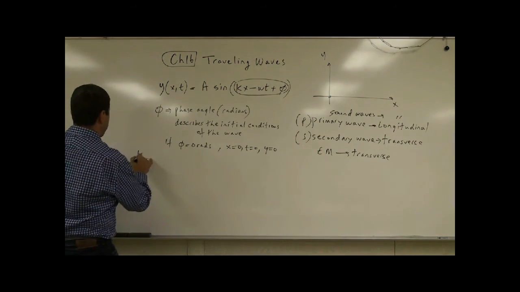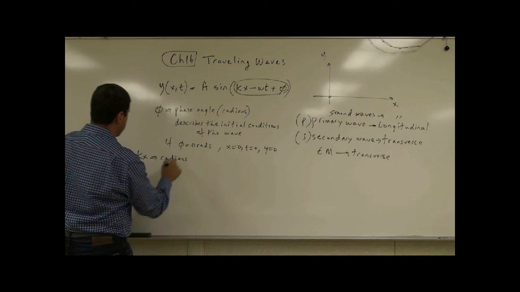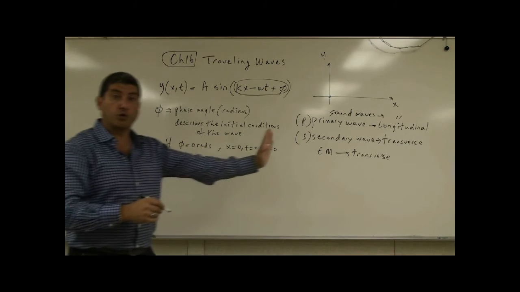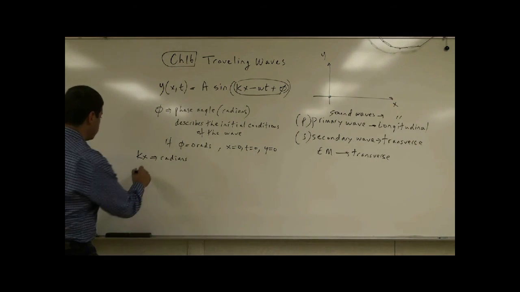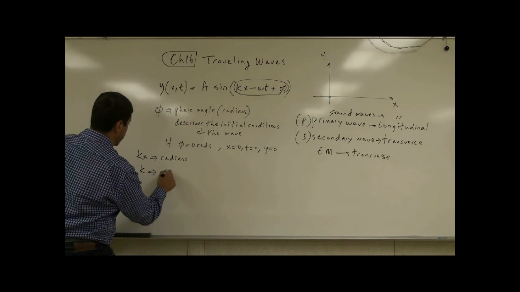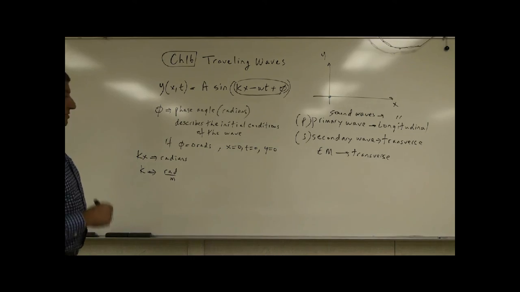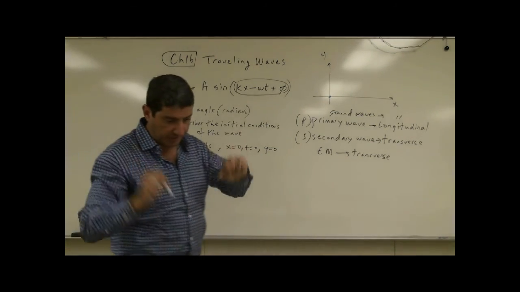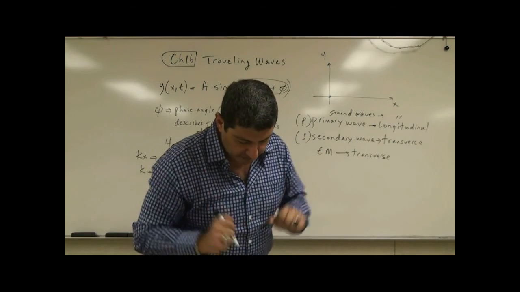kx has to also be in units of radians. x is the horizontal position of the wave, right? And so k must have units of rads per meter. The official name for k is the wave number, or angular wave number.